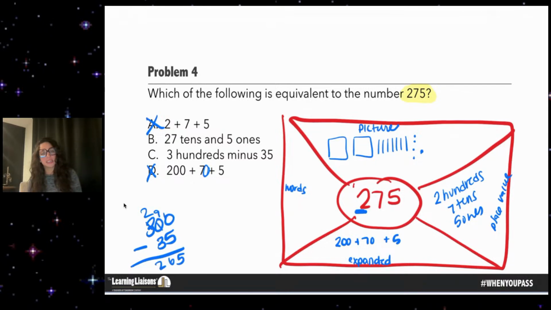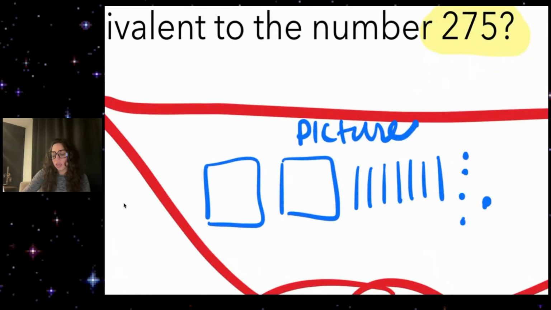That would be 265. And you're thinking to yourself, how in the world is it 27 10s and 5 1s? Well, how many 10s are in a 100 block? Like if we think about truly how many 10s there are, 10, 20, 30, 40, 50, 60, 70, 80, 90, 100.